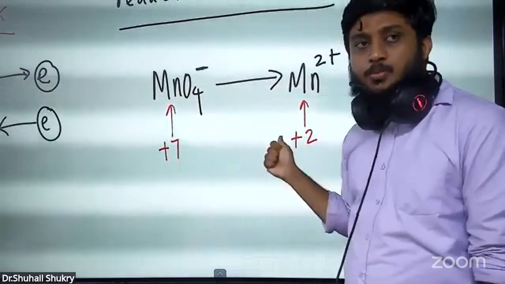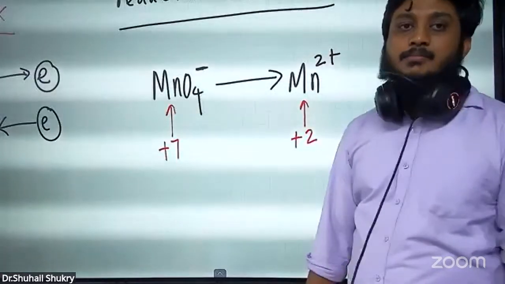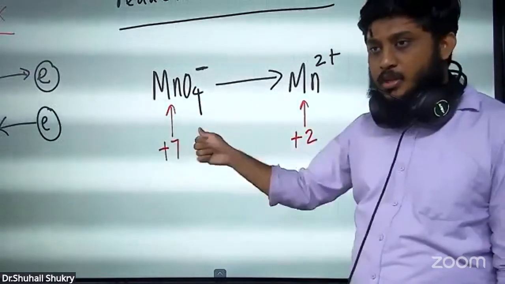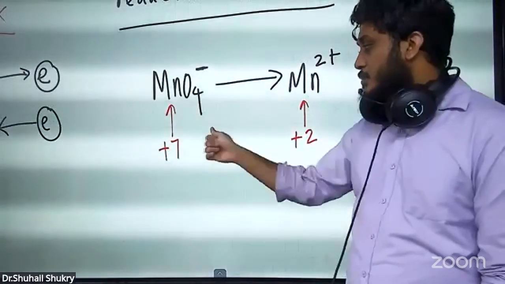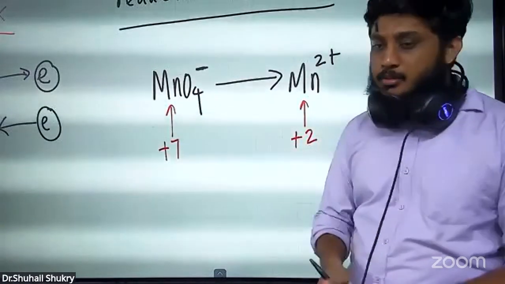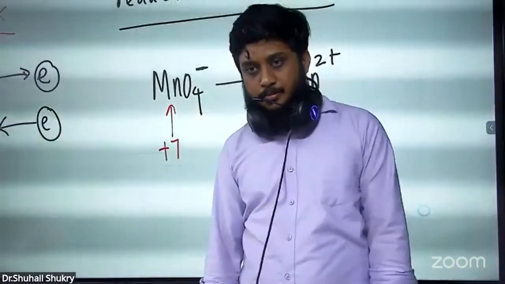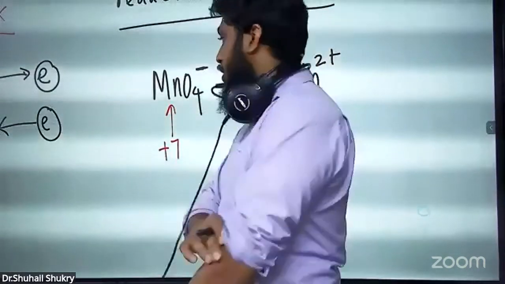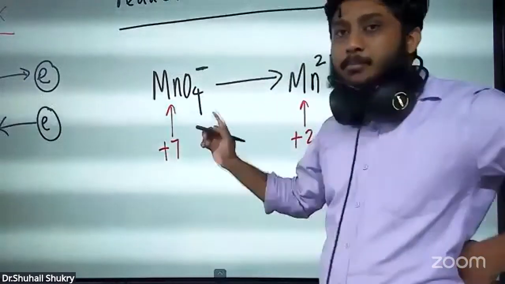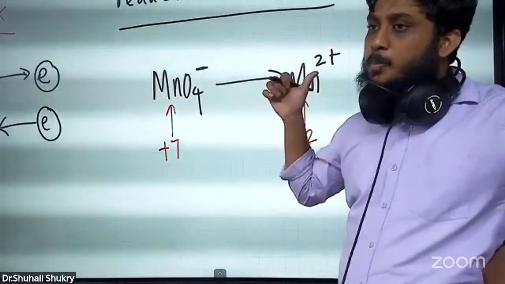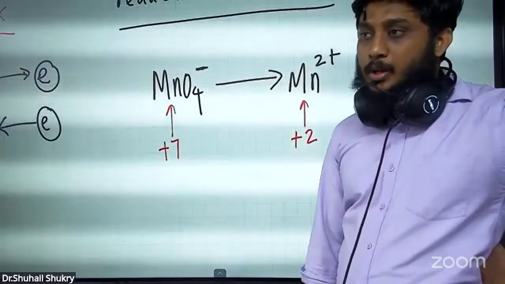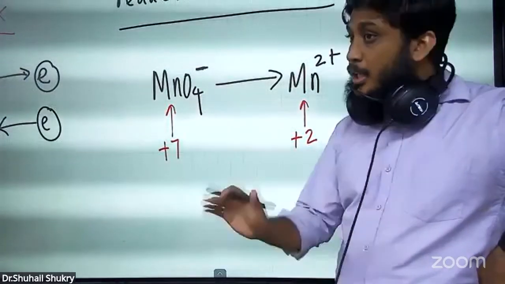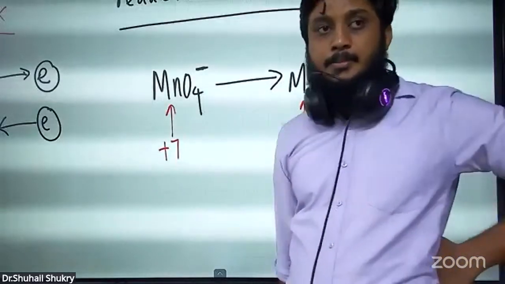Oxidation number reduced means we call it a reduction. Can you understand this is a reduction reaction? Well done. But you have to remember MnO4 minus becomes Mn2 plus.